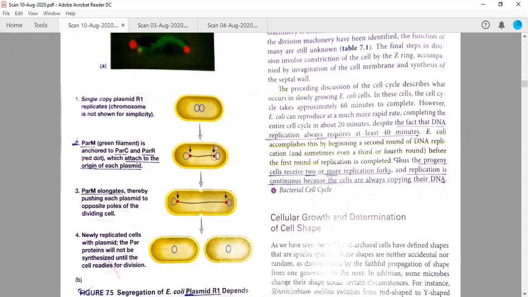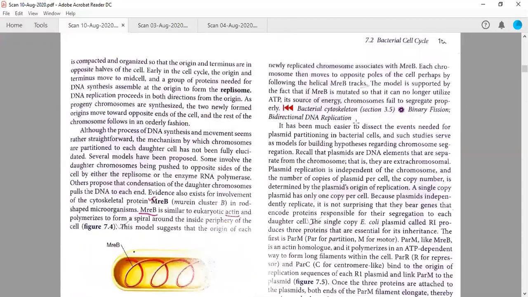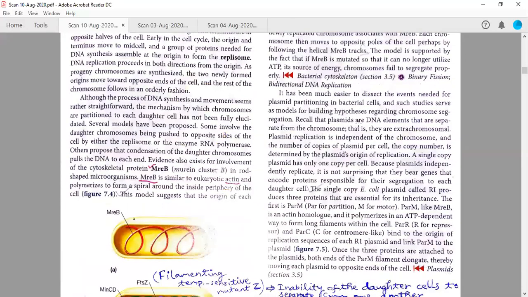What kind of interactions do they make? Actually, they recognize the origin of replication sequences in these plasmids, and therefore when this green filament, this ParM protein, polymerizes, M is for motor protein.